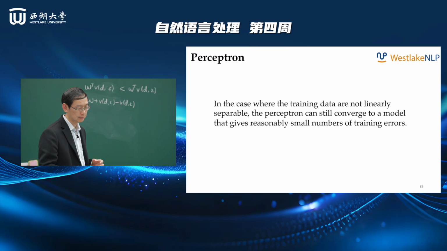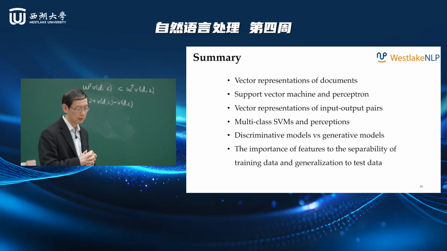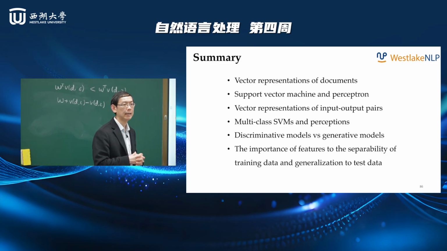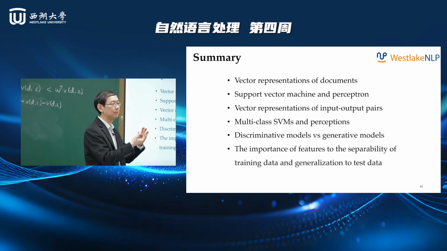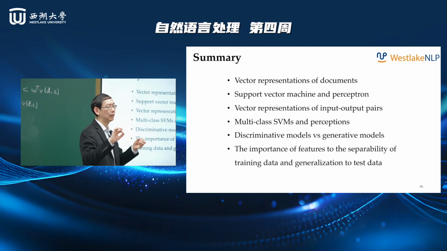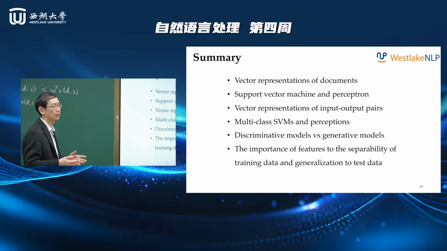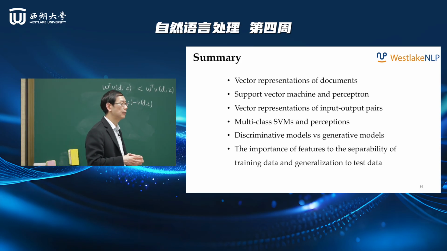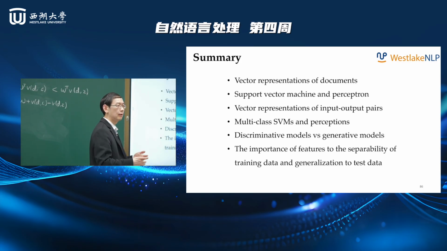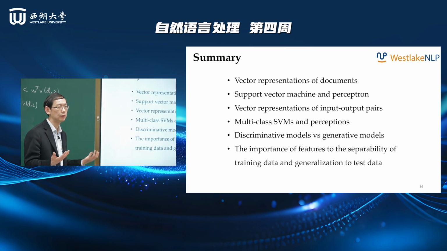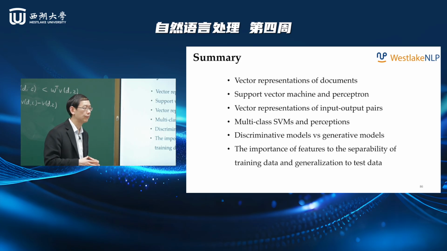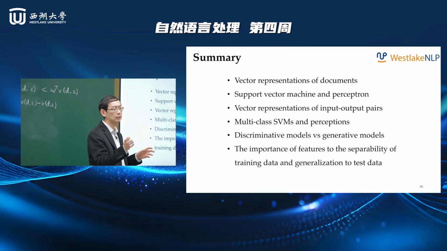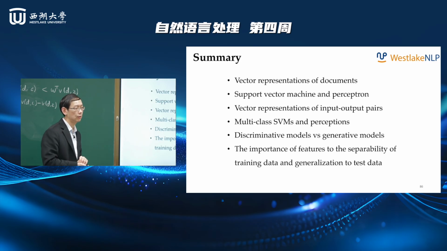We're done. Let's take a brief review. All in all, this week we learned feature representations: word-based, word and class-based, word and class and bigram and class-based. I showed you that if you can represent the input, or the input and output, in a vector space called a feature vector, then we can define clustering algorithms and classification algorithms.